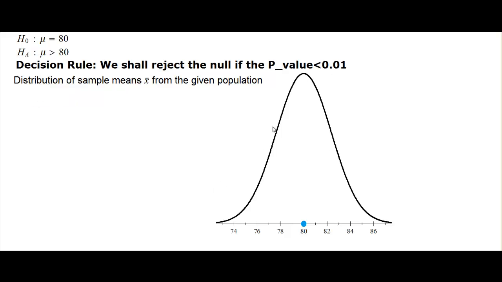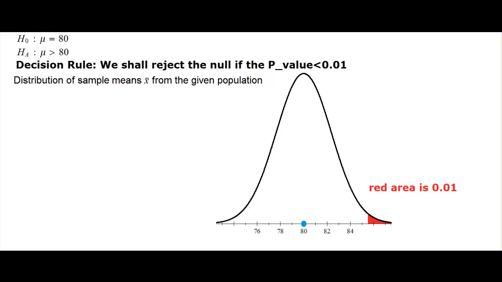Now, this is a graph of the distribution of sample means, which we denote by x bar in our calculations. The distribution of sample means is given by this normal curve if we have a sample of size 40 and the standard deviation of the population is 15.